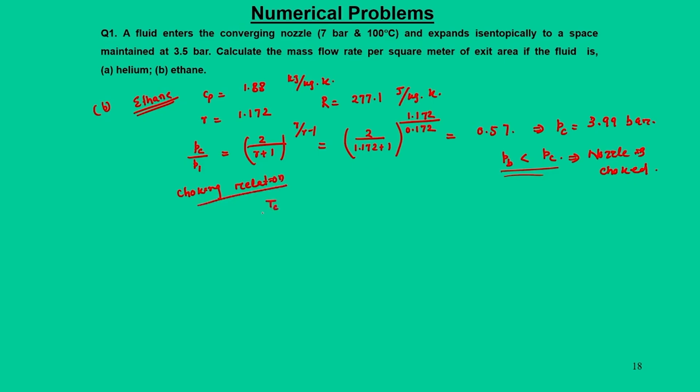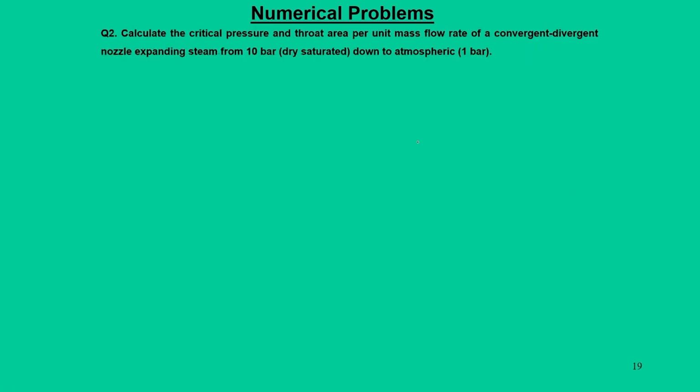That is Tc by T1 is equal to 2 by gamma plus 1, that is equal to 0.92. So, from this we get Tc as 0.92 into 373, which is your T1. So, 340. So, we say your C2 would be 334 meter per second.